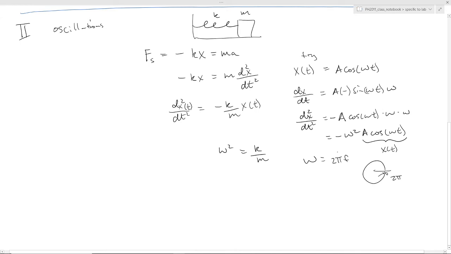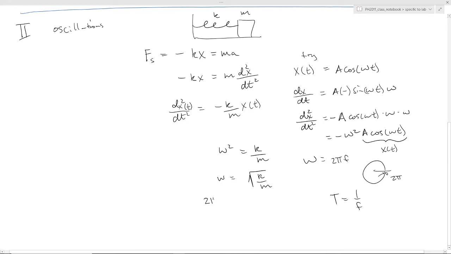And so what we can do is say, okay, let's take a square root of both sides of this. Omega then would be the square root of k over m. And we just said that omega is 2 pi f. And the frequency, so per second, we can relate to the period by noting that the period is 1 over the frequency. So actually, let me write this a little bit neater.